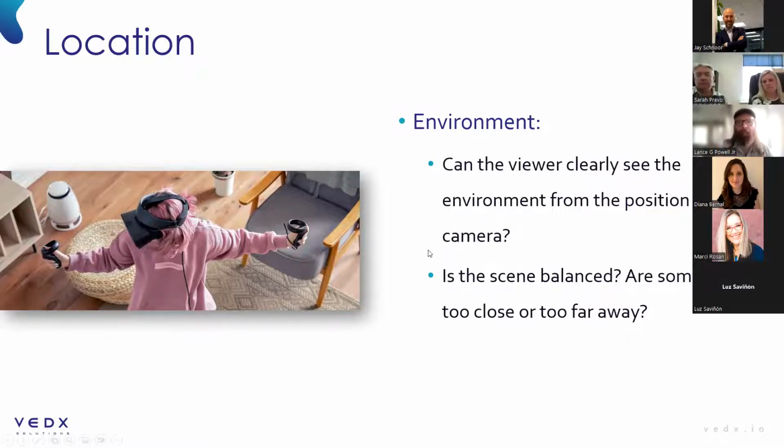Nothing is too close, or something that you want them to see is too far away. You don't want people to struggle to see something, especially if their eyesight isn't very good like mine. You don't want them to be squinting and just trying to see what's happening in a distant location.